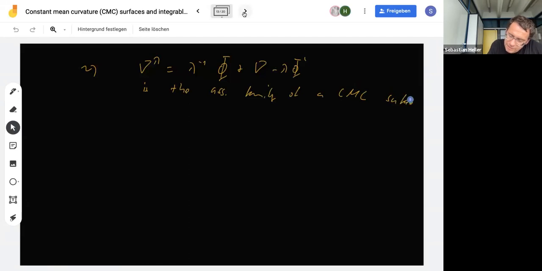Once we have this form, and we know that these connections are trivial at 2 points, we can again apply the gauge transformation, which gives us a map into SU2, and we can compute that it's a CMC surface, or maybe even a minimal surface if lambda 1 and lambda 2 are plus minus 1.